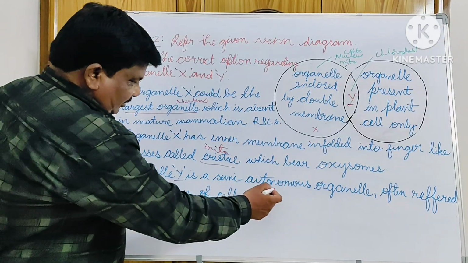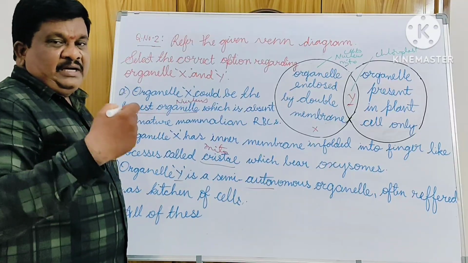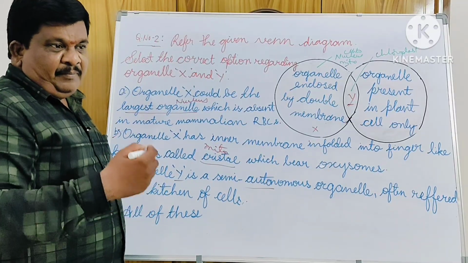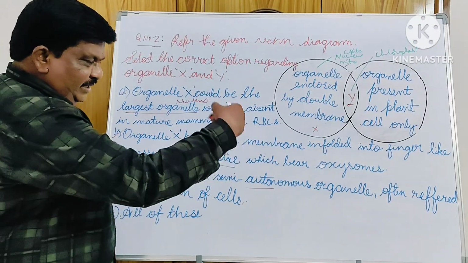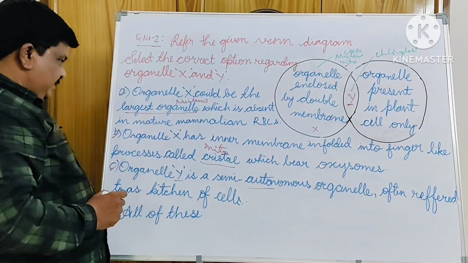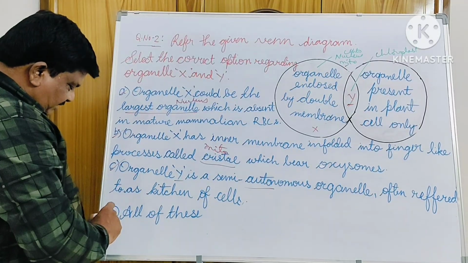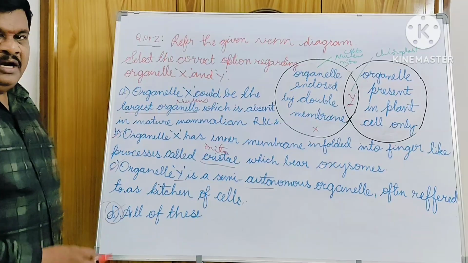It is semi-autonomous because it contains its own DNA and prepares its own proteins. So it is also correct. Then all the options are correct. The answer is option D, all of these.